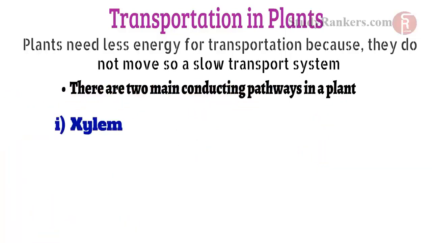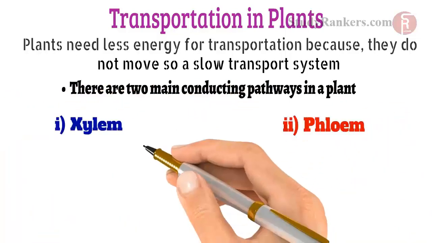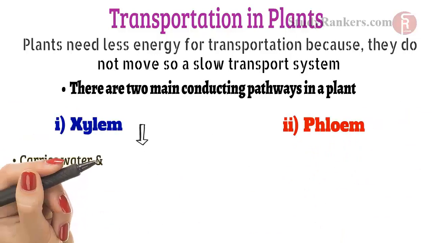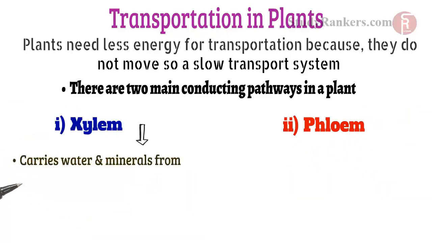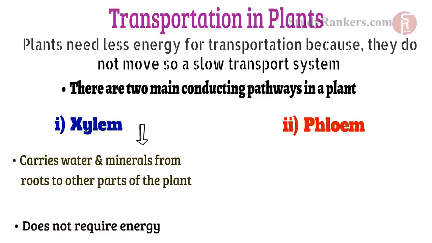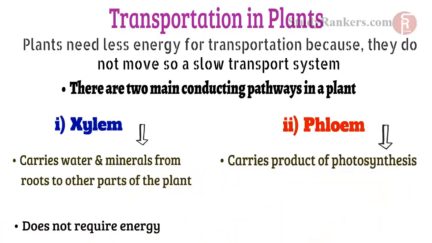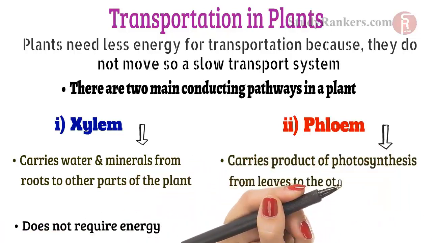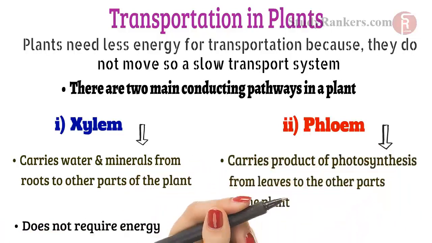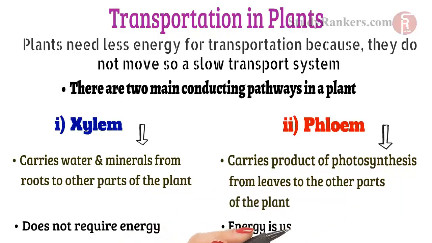These are xylem and phloem. Xylem carries water and minerals from the root to other parts of the plant, and does not require energy. Phloem carries product of photosynthesis from leaves to other parts of the plant. Energy is used from ATP.